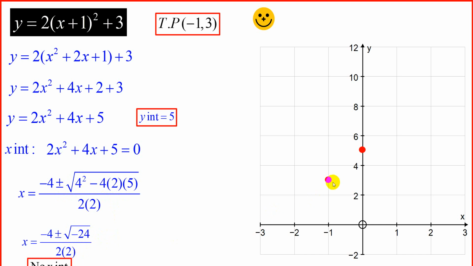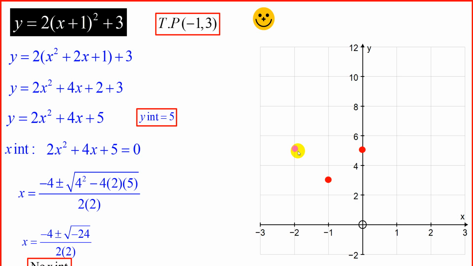So, we need one more point to draw this parabola. If we look at the turning point, we can use a point on the left of the turning point, minus 2. If we substitute minus 2 into the equation, and you can use your calculator to do this, your x value being negative 2, you will actually get 5.